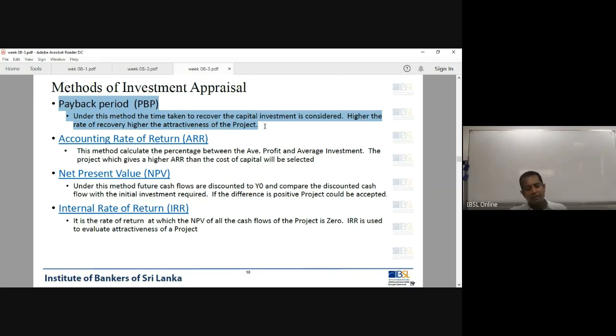Whichever project gives the shortest time period to recover the initial investment is considered to be the best project. So you consider the cash flows and find out the time required to collect your initial investment.